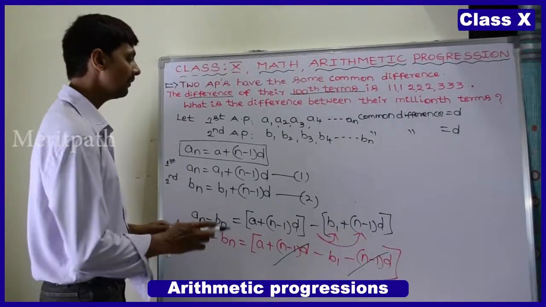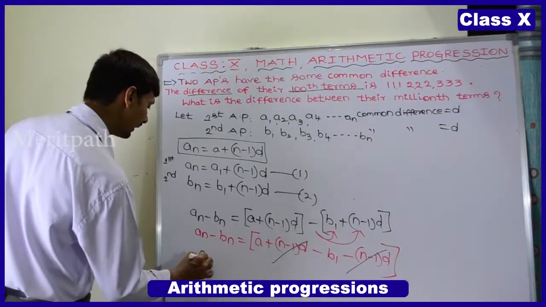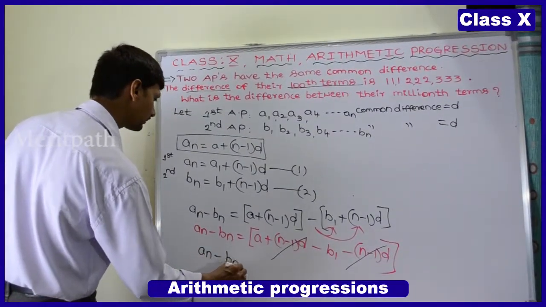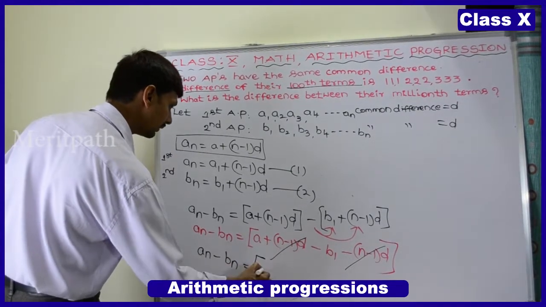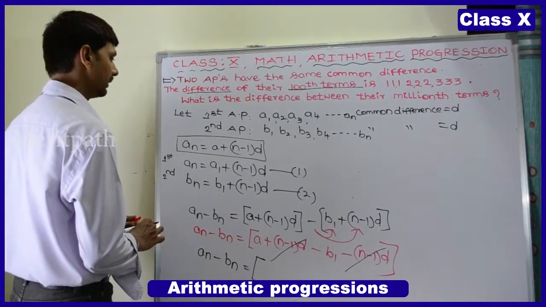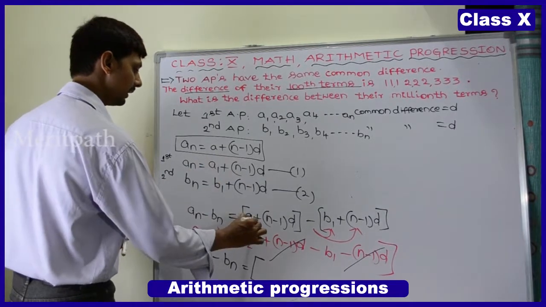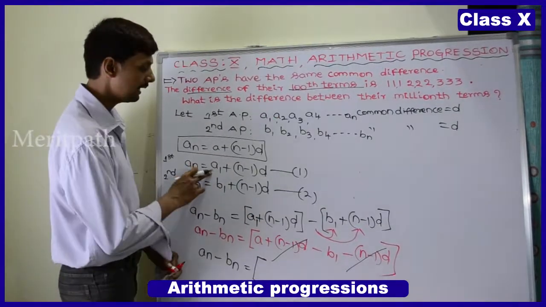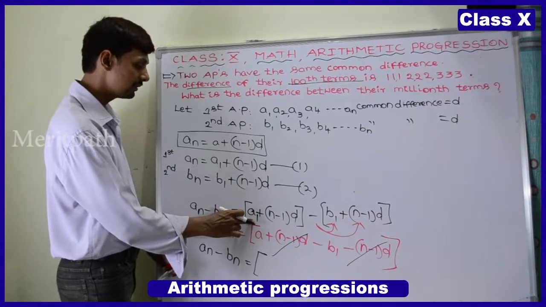After cancellation we will get an minus bn is equal to, there is a left out here. Previously this is a1, so we need to write a1 here, the same as it is.